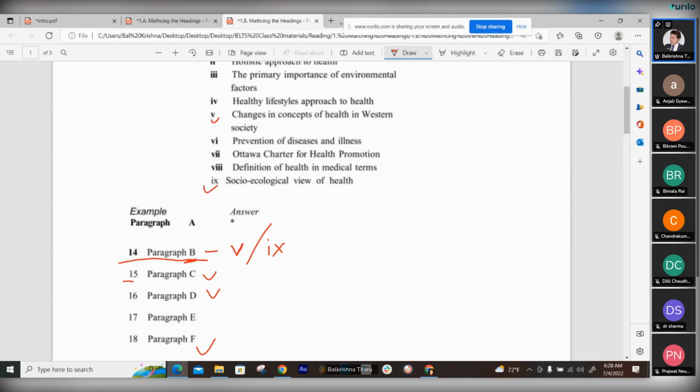Mark both and do the rest of the questions. Do 15, 16, 17, 18 and come back to this. And then you'll be able to decide if 5 is the right answer or 9 is the right answer.